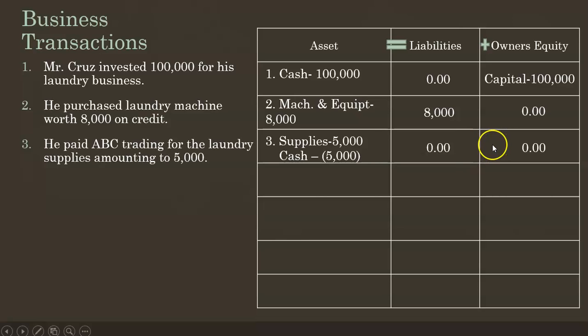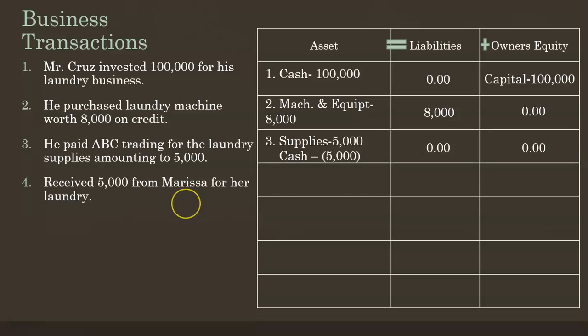Let us try business transaction number 4. Received 5,000 from Marisa for her laundry. Mr. Cruz received 5,000 from Marisa, meaning Marisa had her laundry done by Mr. Cruz. So, what was received? 5,000 pesos.